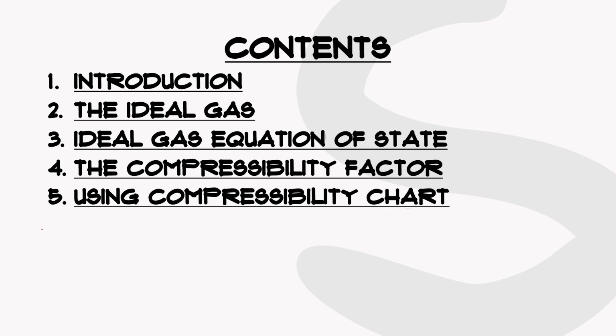Then for subtopic number 4, the compressibility factor. What about those gases that do not follow this ideal gas behavior? How can we solve it if we want to use this equation of state? Then we'll be introducing the compressibility factor, and to obtain it we use a compressibility chart.